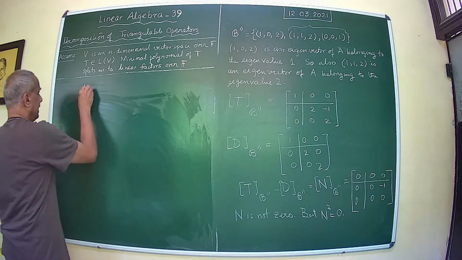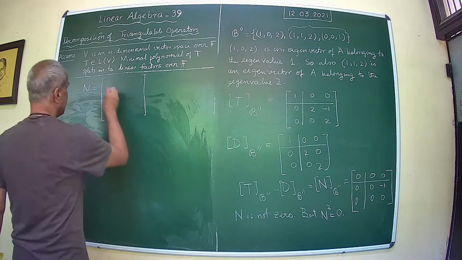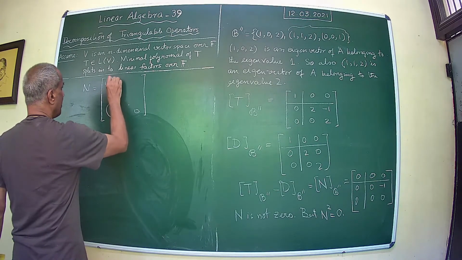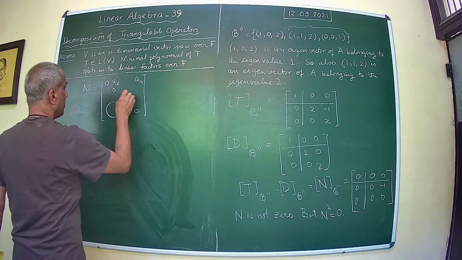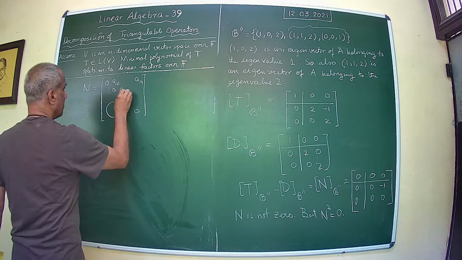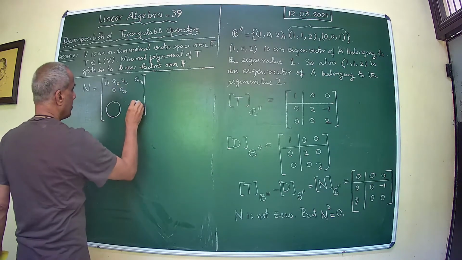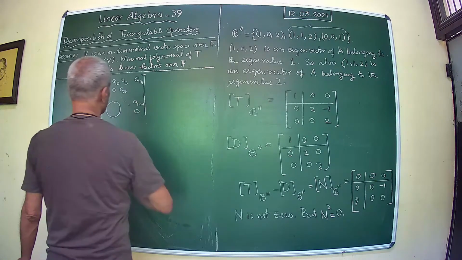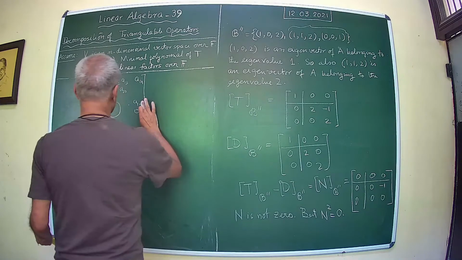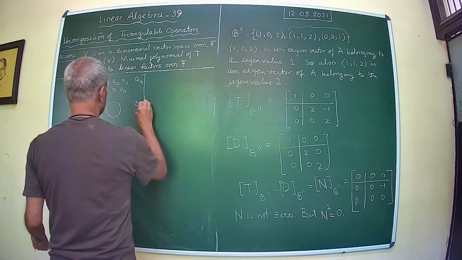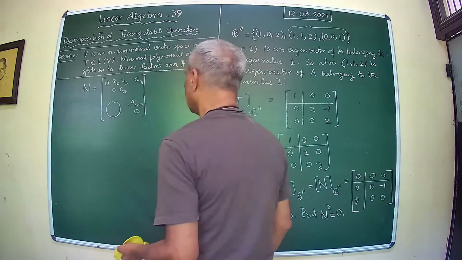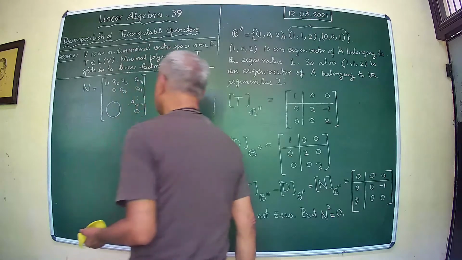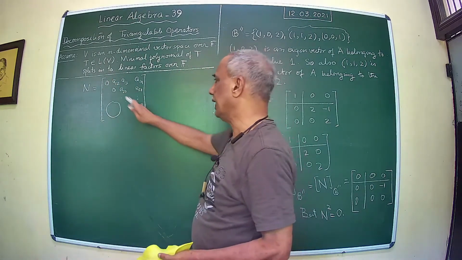So if N is a matrix of this kind, with entries a1 up to a n minus 1 above the diagonal, then on the diagonal it's all 0.